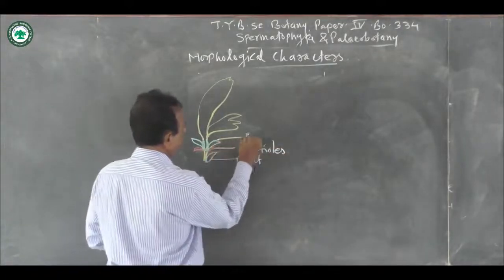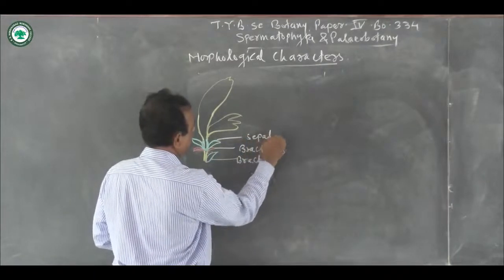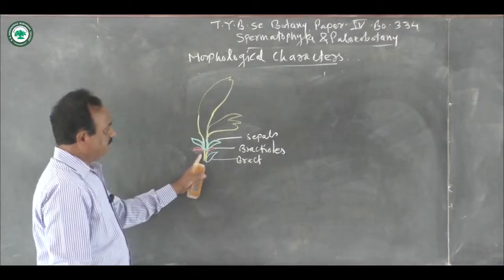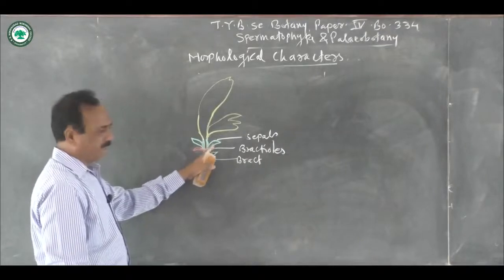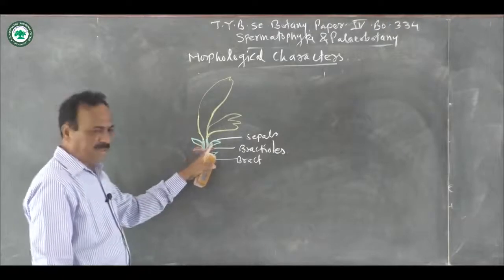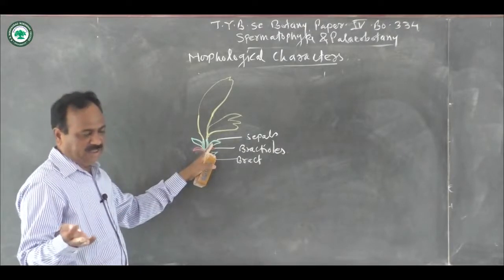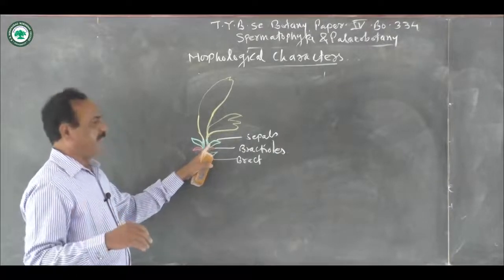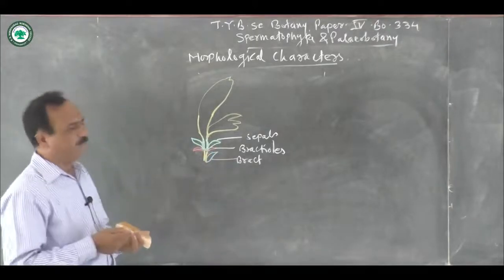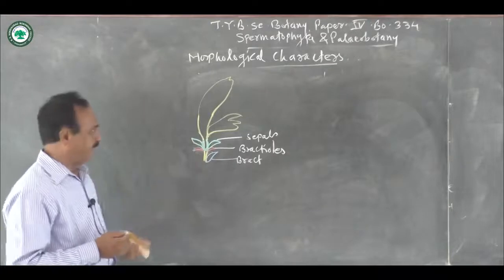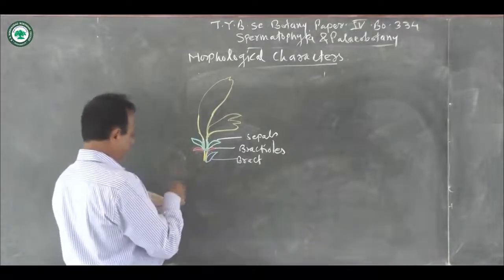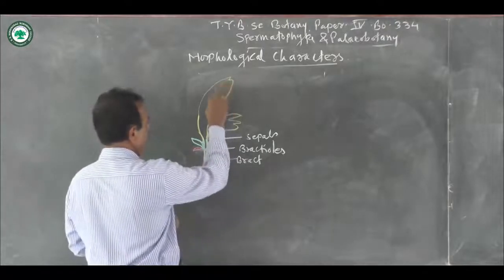So these are the sepals, and if we see the calyx, it shows the presence of 4 to 5 sepals. Sepals are free, so it is called polysepalous, and they are present in imbricate type of estivation in case of Acanthaceae. If we see the corolla, it shows the presence of 5 petals.